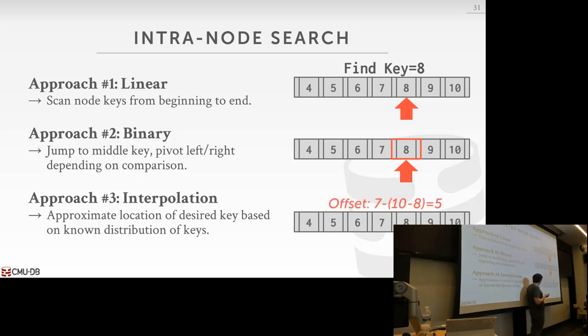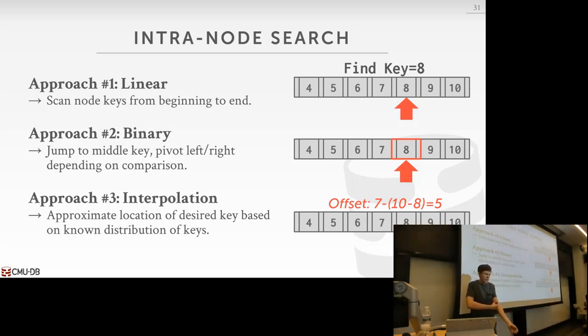I know I have 7 keys in my array, the max key is 10, and I'm looking for 8. So 10 minus 8 is 2, and 7 keys minus 2 is 5, so I can jump to the 5th position, and that's at least a starting point for what I'm looking for. This obviously works because the keys are always increasing in monotonic order. If they're floats, this is harder to do. If they're strings, I don't think you can do this. But this is another technique you could use to make that search go faster.